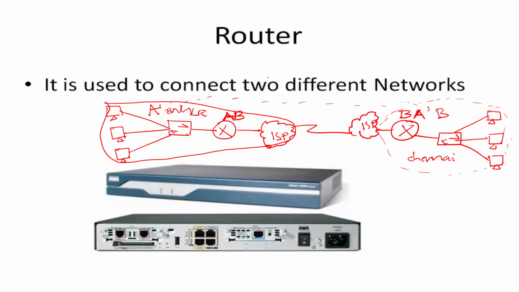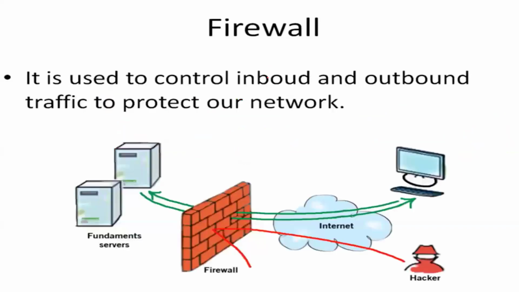Okay. So the next slide is firewall. Why do we need a firewall? Firewall is used to control inbound and outbound traffic. Outbound traffic is like this, to protect the network. So inbound would be like this. Okay.